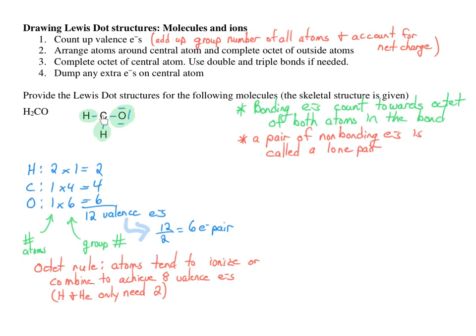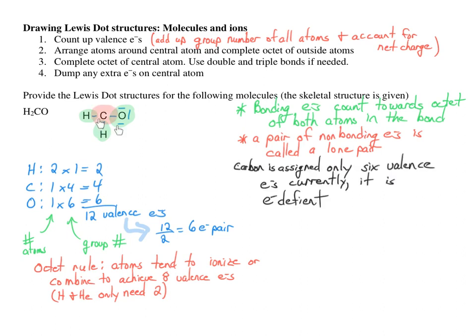Now we'll look to our central atom, carbon. We want to complete the octet of the central atom. However, we've used up all of our electrons. All of our valence electrons are used up. We have 6 electron pairs. They're all currently being used. However, carbon is electron deficient.